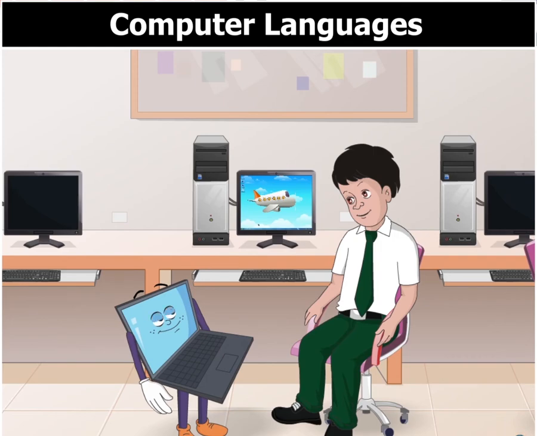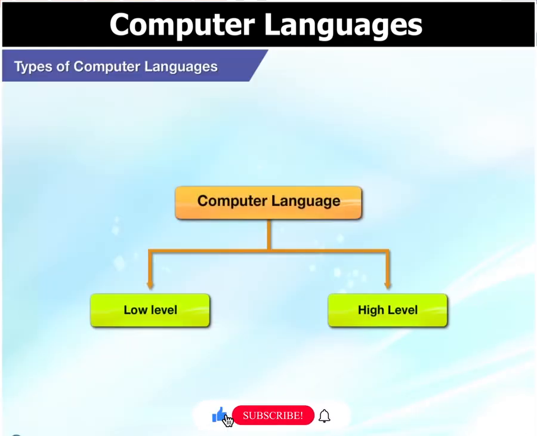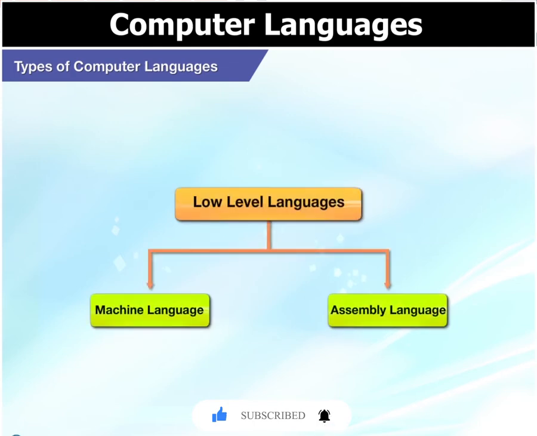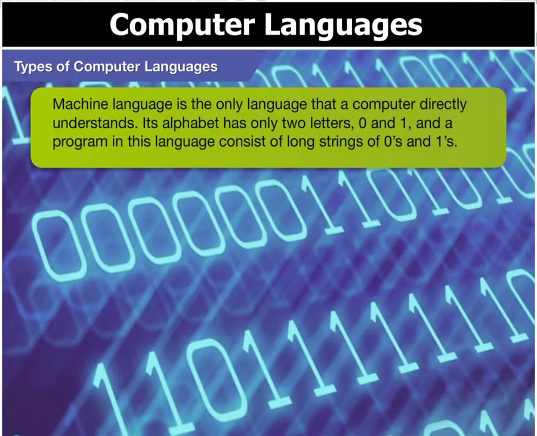Sure. Computer languages can be divided into low and high-level languages. Low-level languages are of 2 types, machine and assembly languages. Machine language is the only language that a computer directly understands.